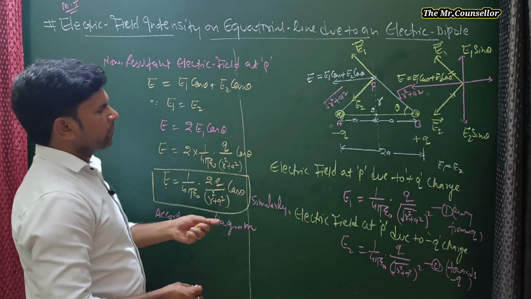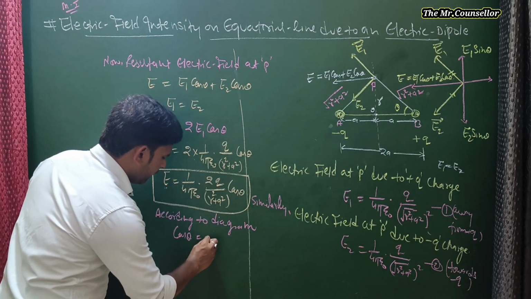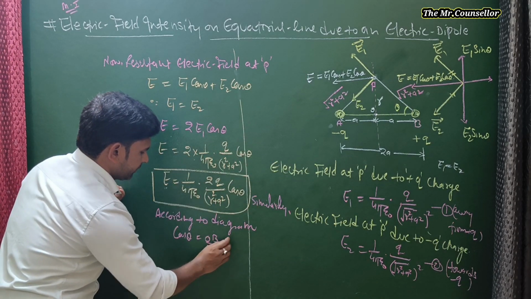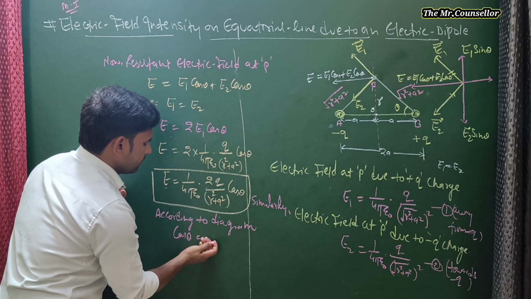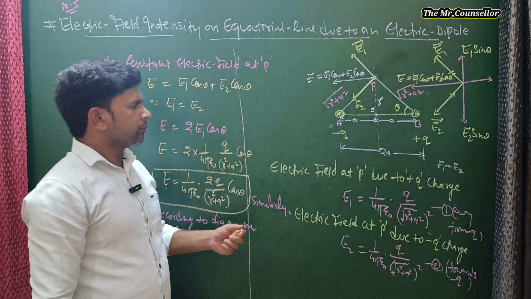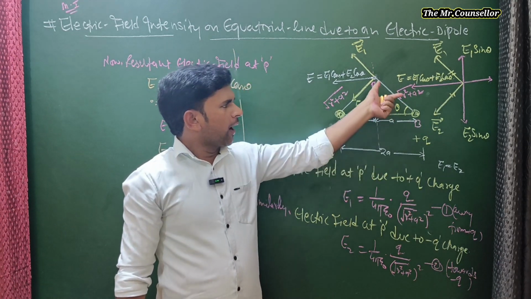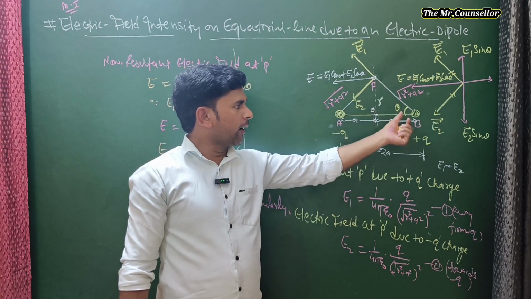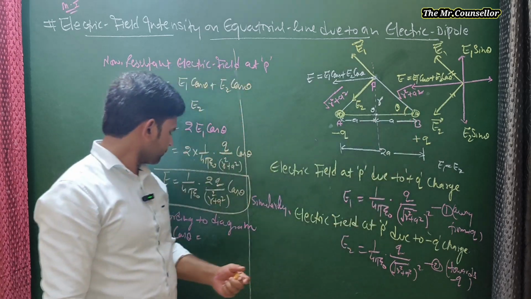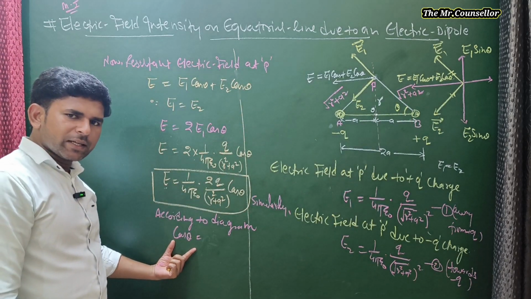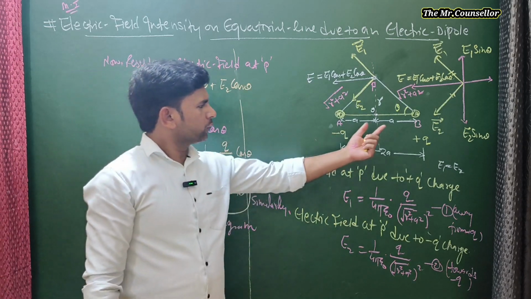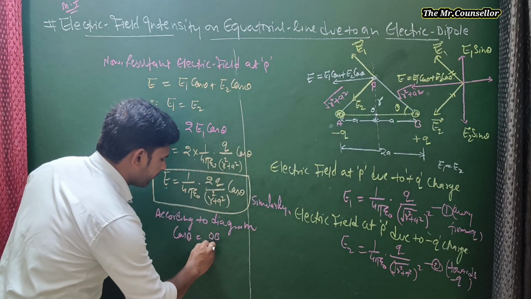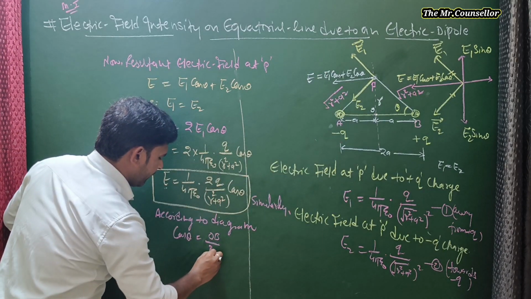So base upon hypotenuse means you can write base OB, hypotenuse BP.